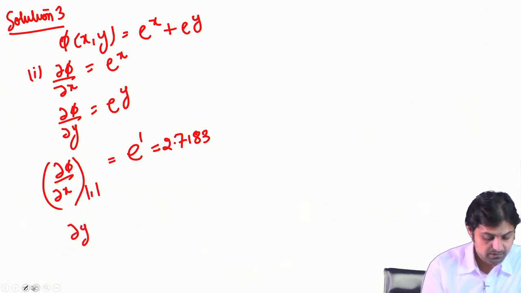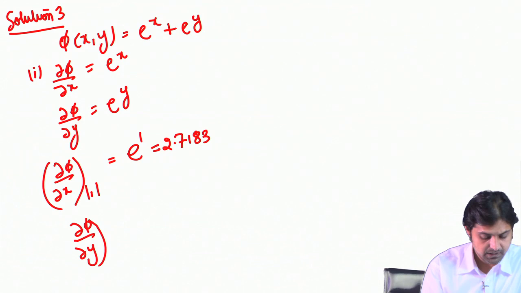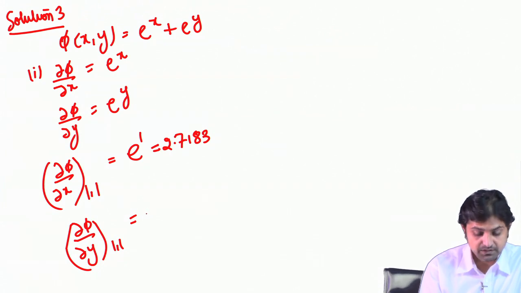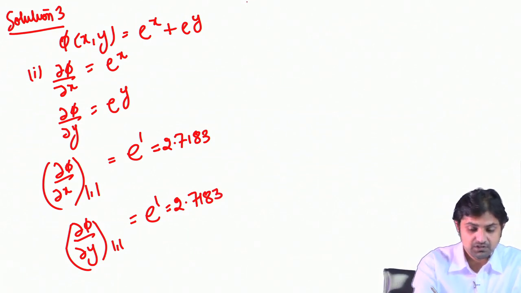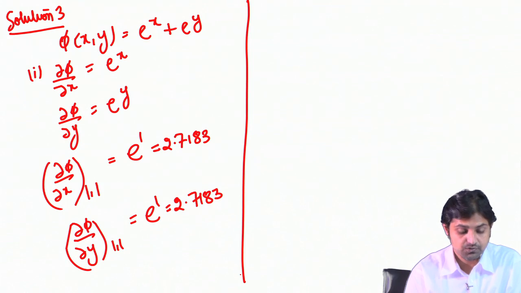Similarly, del phi by del y at 1 comma 1 is e to the power y, that is e to the power 1, 2.7183. So that was our first question, that we have solved the values of del phi del x at 1 comma 1, del phi del y at 1 comma 1.